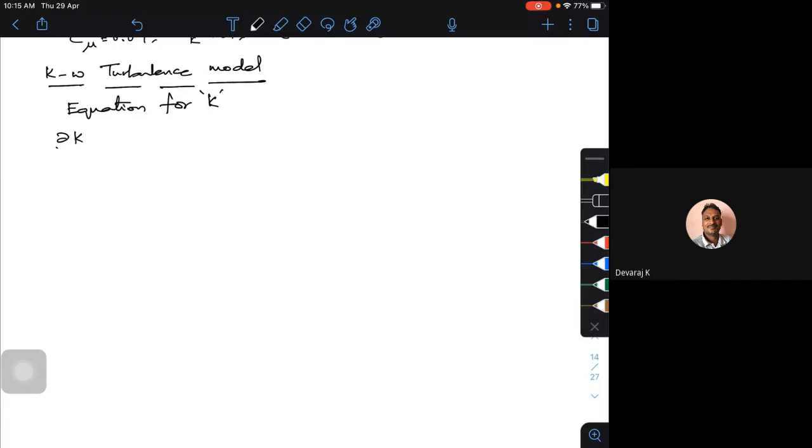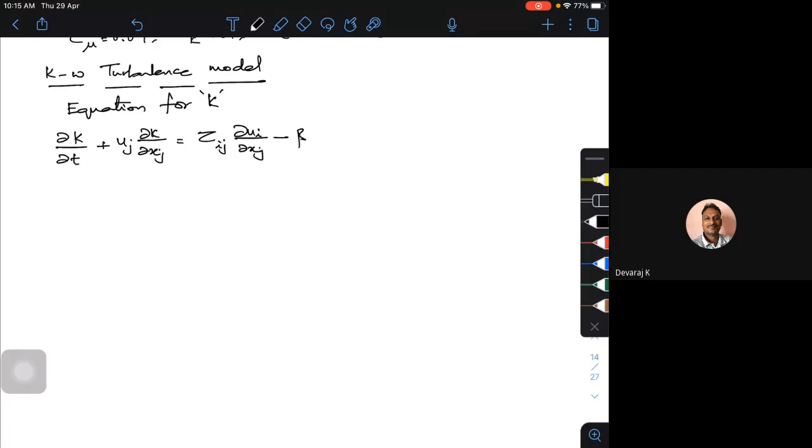So it is dou K by dou t plus U_j into dou K by dou x_j, then tau_ij, where tau is the shear stress, times dou U_i by dou x_j. Here i represents the x direction, j represents the y direction.